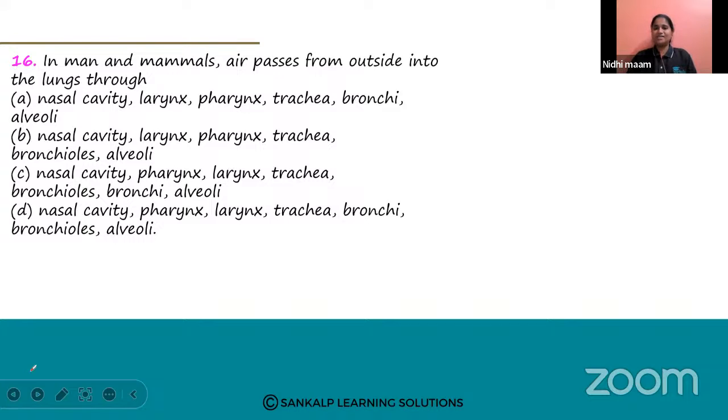Very easy question. If you know that diagram, you can definitely answer this question. Yes, dear students, come on.